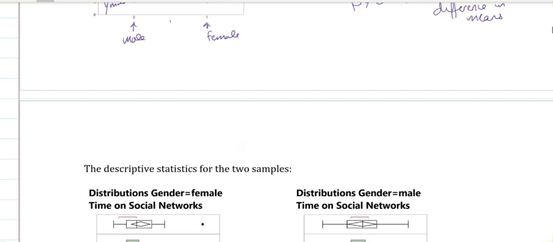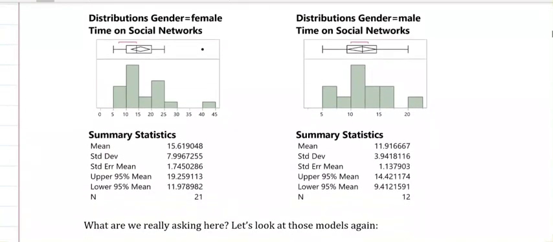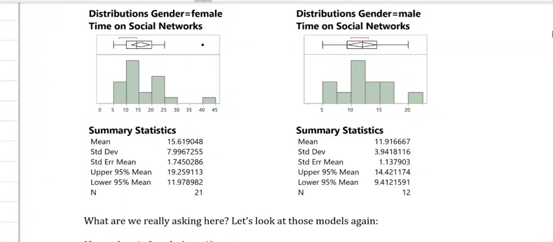So let's further summarize this. So we have our descriptive statistics. So we have our mean for females. This is 15.61, and we can see that there are 21 women in the sample. We also have our descriptive statistics for males, and the mean there is 11.91. So the averages are not exactly the same. They're similar, but they're not the same.